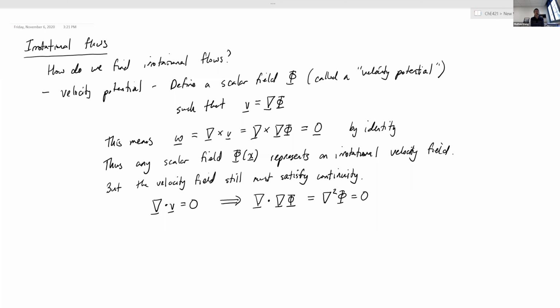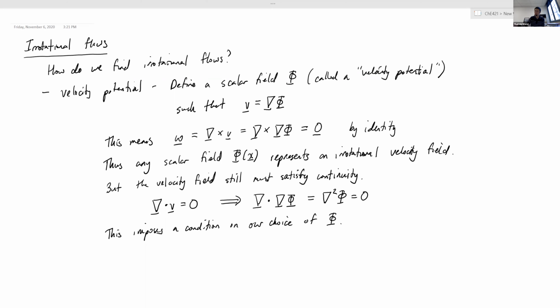The Laplacian of our potential has to equal 0, right? And so this imposes a condition on our choice of phi.